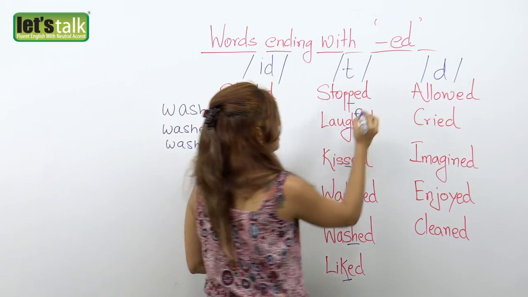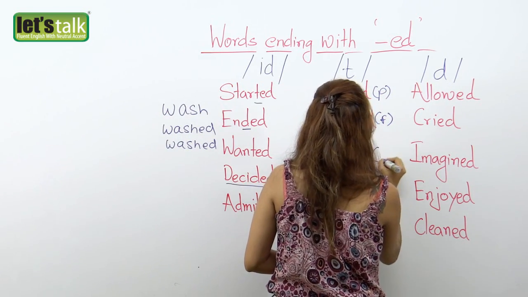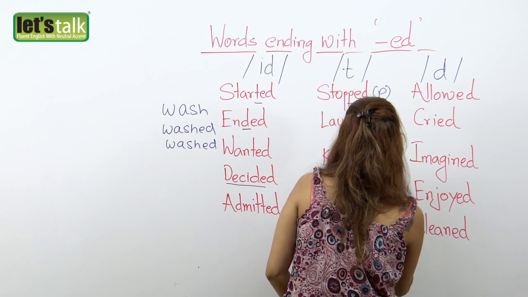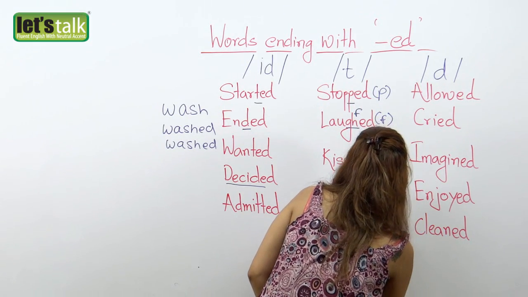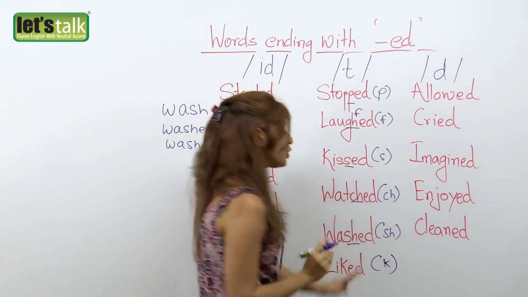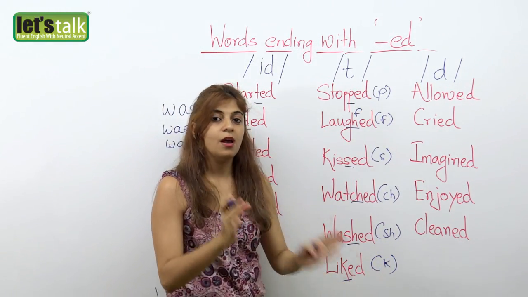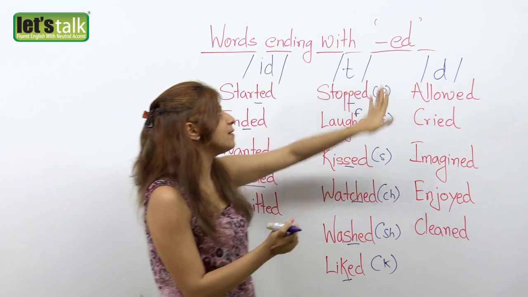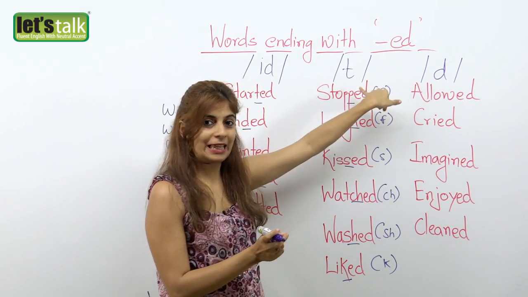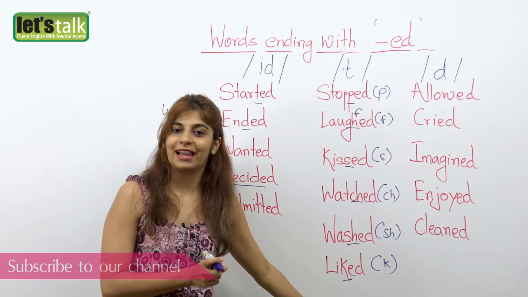I'll just write it here. P, f, s, so the words ending with these sounds, the correct way of pronouncing ed would be t. So, stopped, laughed, kissed, watched, washed, liked.